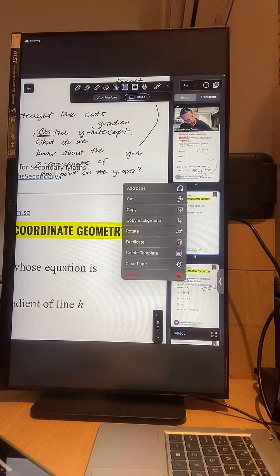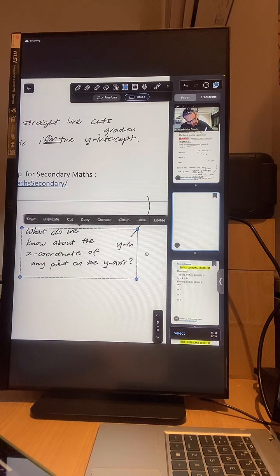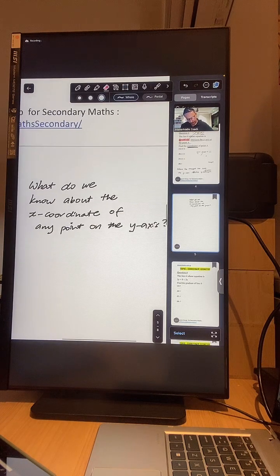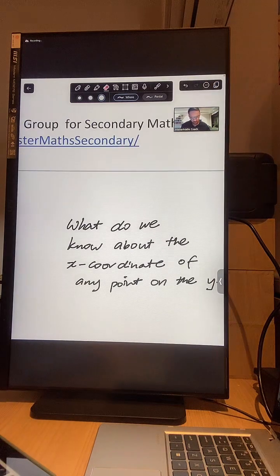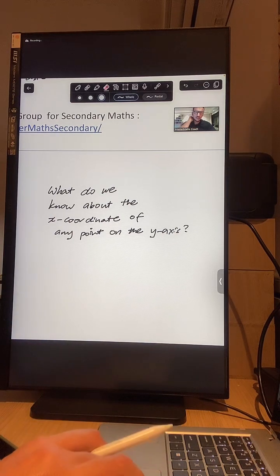Add a page. Okay, guys, who can answer this question? 10 bonus points to the person who can answer this question. What do we know about the x-coordinate of any point on the y-axis? Let's see if you all are paying attention.